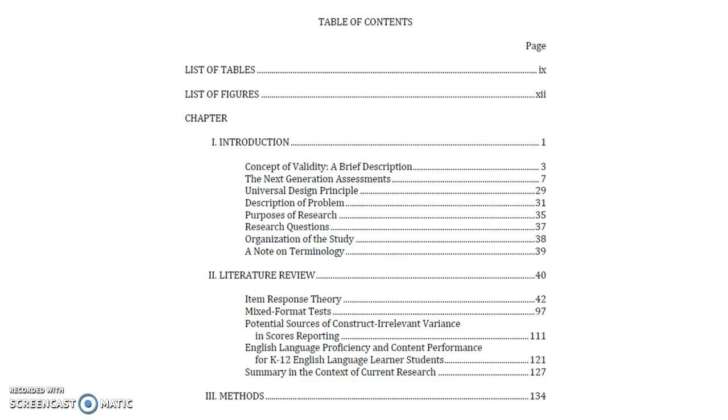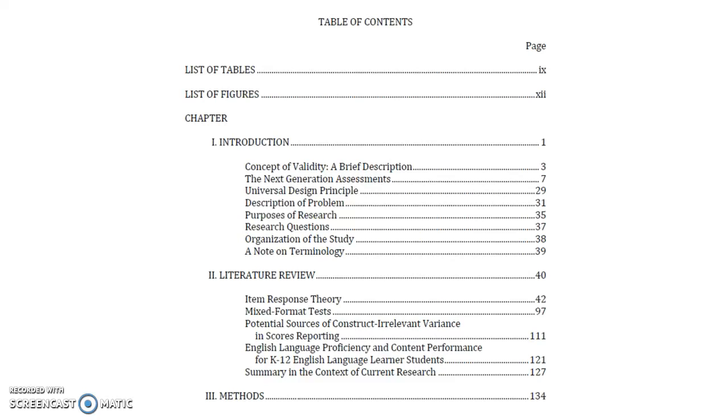Basically, the first chapter is all the introduction on my research. Sometimes I provide a theoretical framework, and I describe the problem there, what's missing, what's needed, and then I describe the purposes of my research, followed by the research questions, and I also provide the organization of the study.